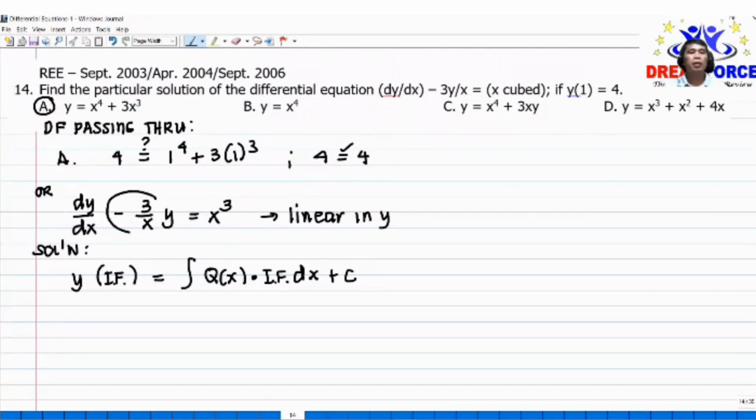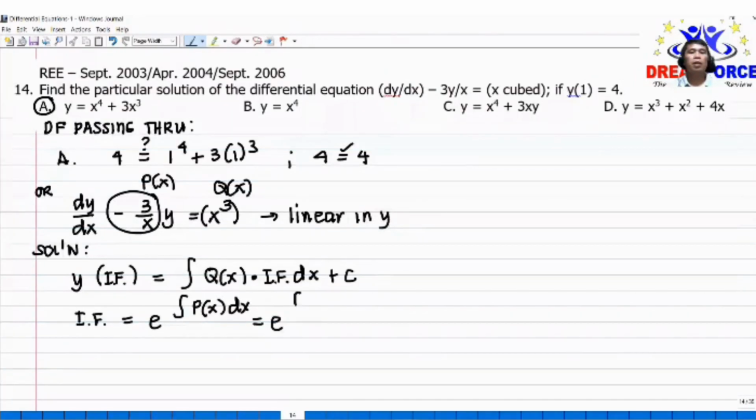So we have here the P as a function of x. This one is Q as a function of x. So wherein the integrating factor is equal to e raised to the integral of P as a function of x dx.